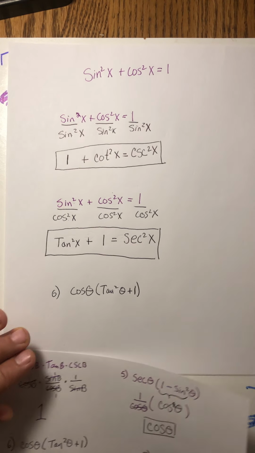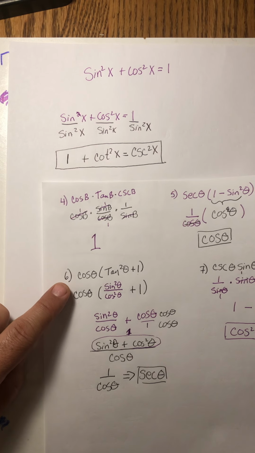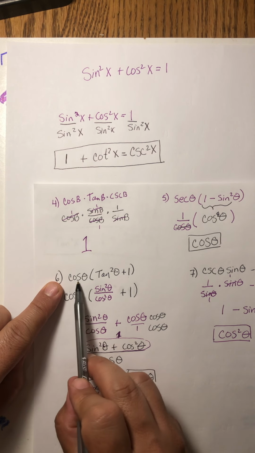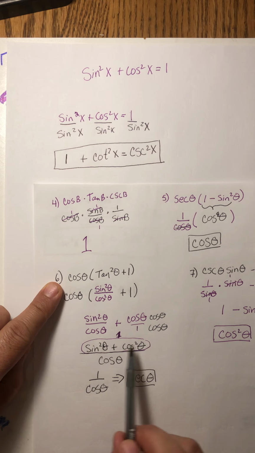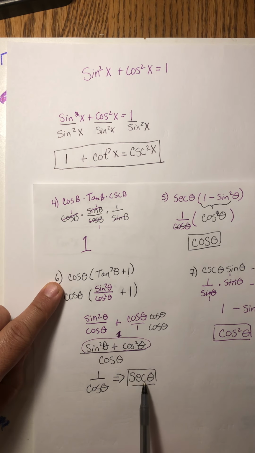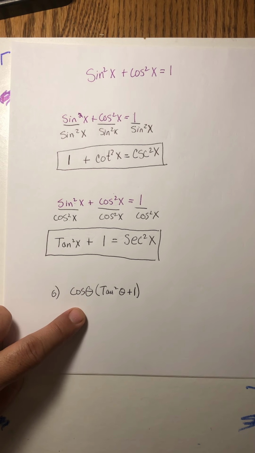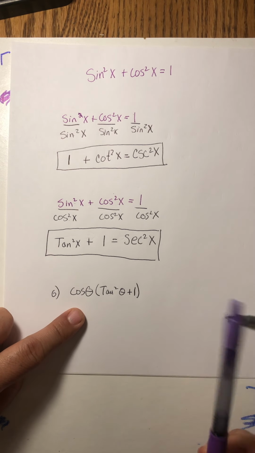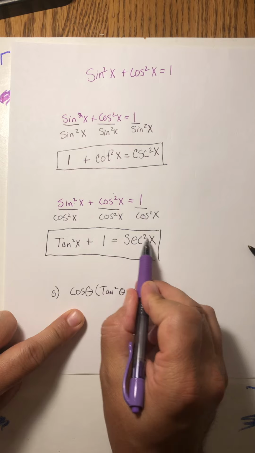Okay? So that's our problem number 6 that we did right here. This is what we did. We changed everything to sines and cosines. We cleaned it all up and we came up with secant. Not hard. But now, look at what happens if we apply this trig identity.